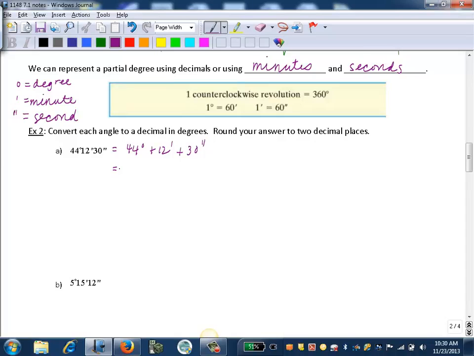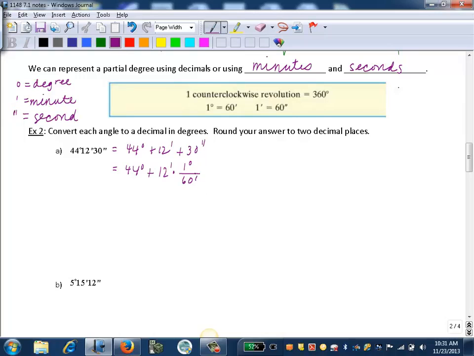Now I'm going to convert. I'm going to keep my 44 degrees, and I'm going to convert those 12 minutes into degrees. So I've got 12 times, now here's our conversion factor. We know that 1 degree is equal to 60 minutes. So when we multiply by 1 degree over 60 minutes, this is really just equivalent to 1.